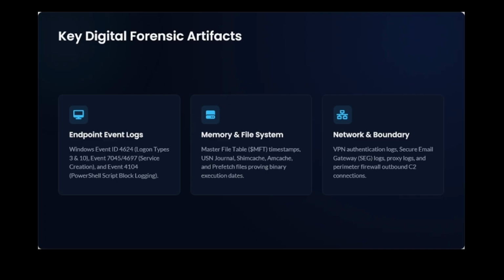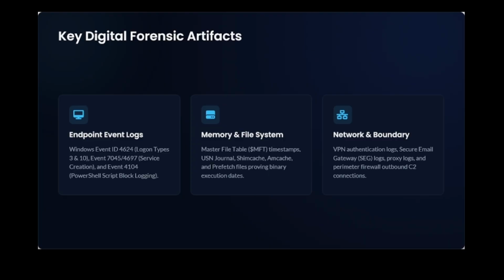And then, of course, you have network information and any boundary systems like VPN authentication logs, secure email gateway logs, any proxy logs, firewall logs, anything along those lines. All those things can be super helpful in tracing back what happened. Now, remember, you're working backwards at this point.